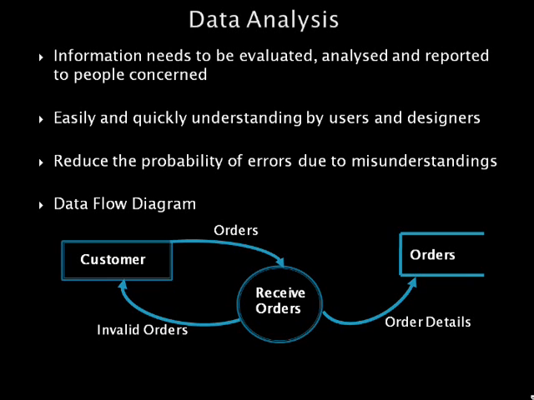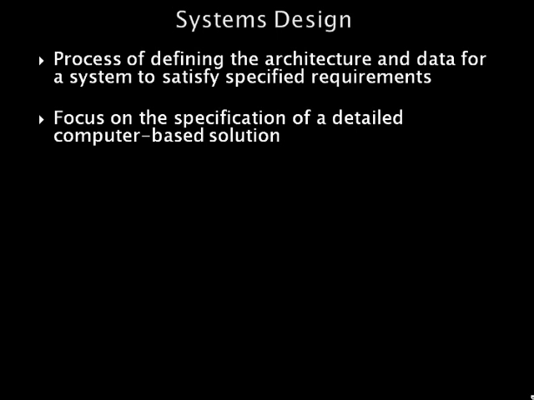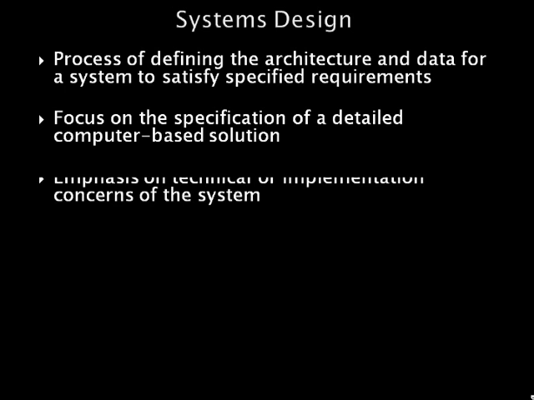Systems design. Systems design is the process of defining the architecture, components, and data for a system to satisfy specified requirements. It can also be defined as those tasks that focus on the specification of a detailed computer-based solution. Therefore, systems analysis placed emphasis on the business problem, whereas systems design places emphasis on the technical or implementation concerns of the system.